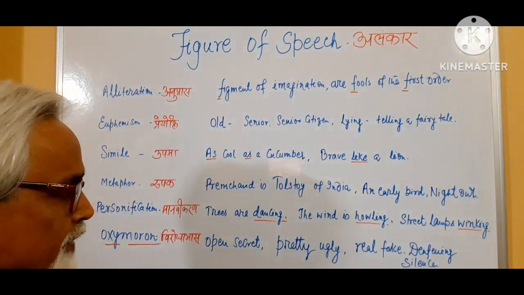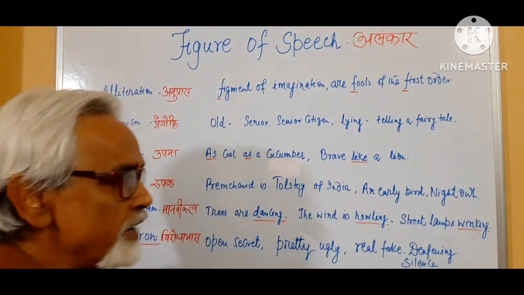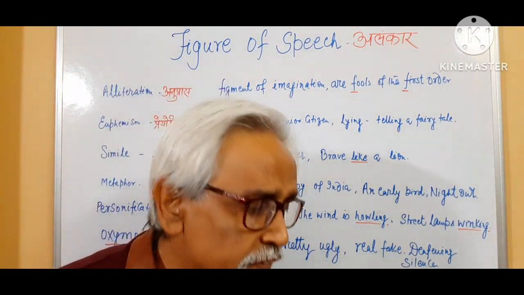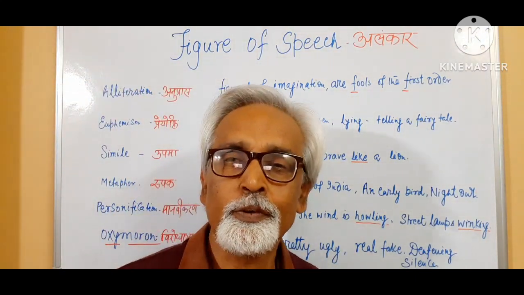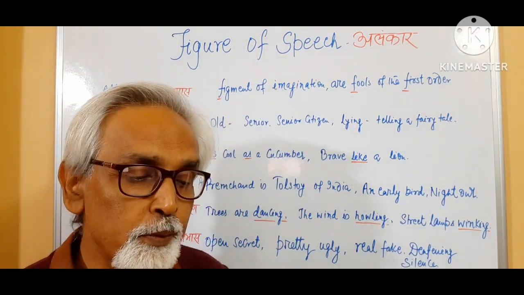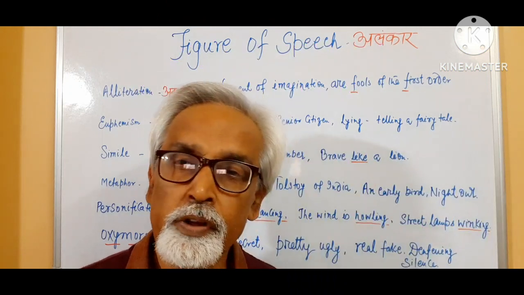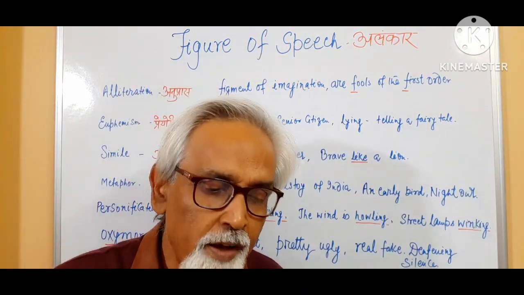Okay, for example, open secret, clear, pretty ugly, real fake, deafening silence, and some amusing examples also from our Bollywood. हंसते जख्म, शरीफ बदमाश, प्यासी नदी, ओरिजिनल कॉपी, ओल्ड न्यूज, सिविल वार.